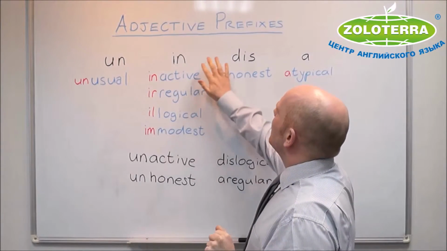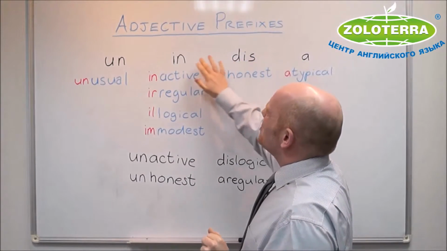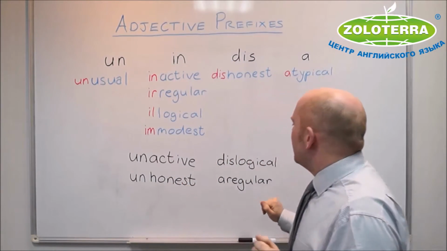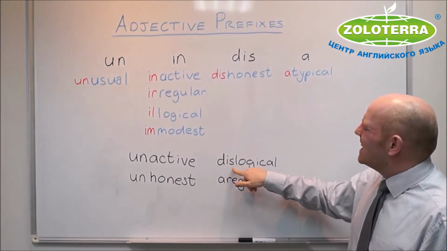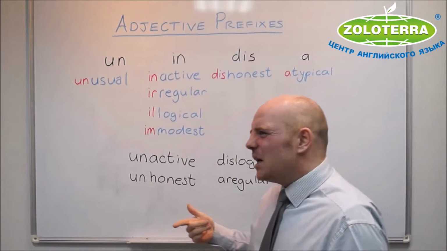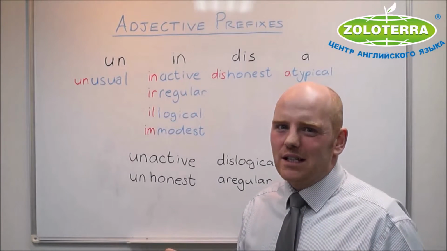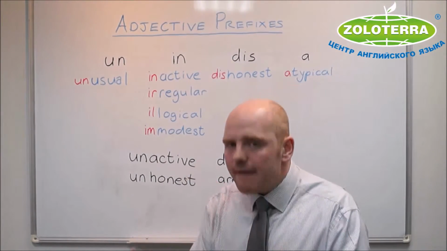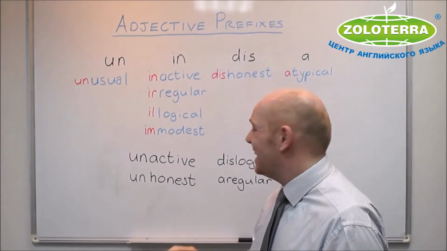However, with dis, with a, and with in, it's not the same. If you said, for example, dislogical, people might understand you, but unlogical, they would definitely understand. Okay?